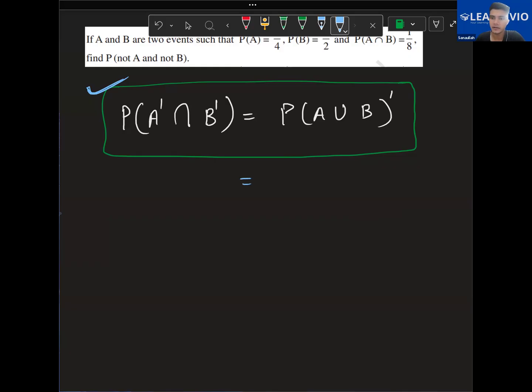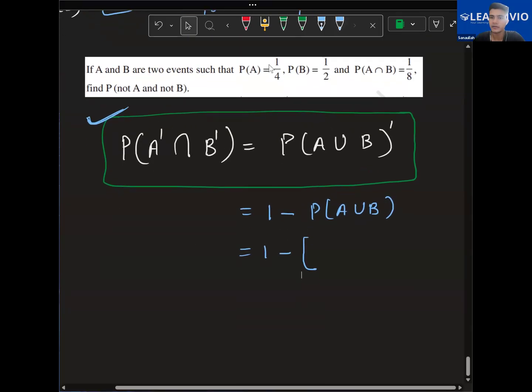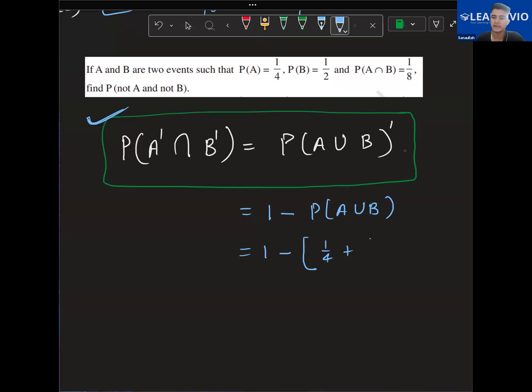You can write this as 1 minus the probability of A union B. You know that the probability of A union B equals 1/4 plus 1/2 minus 1/8, that is P(A) plus P(B) minus P(A intersection B).